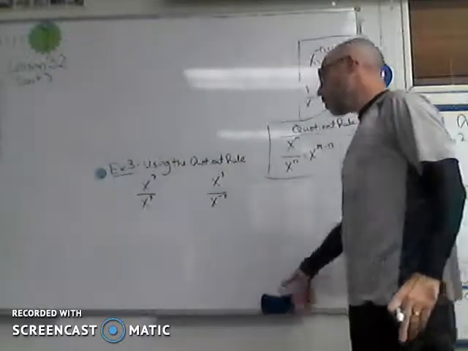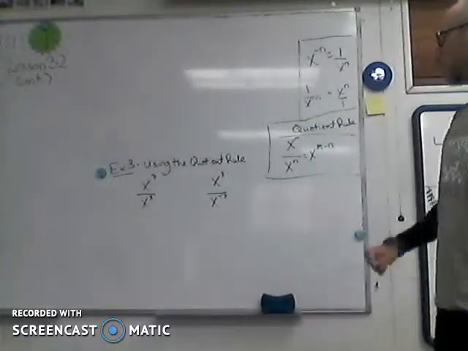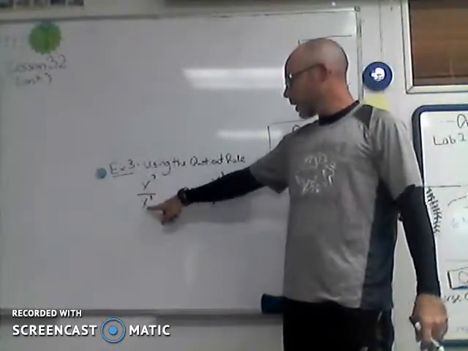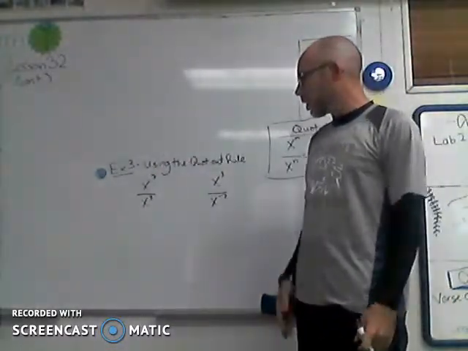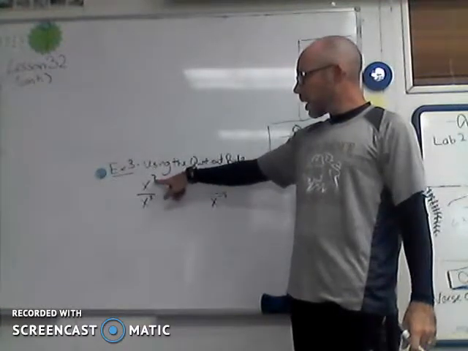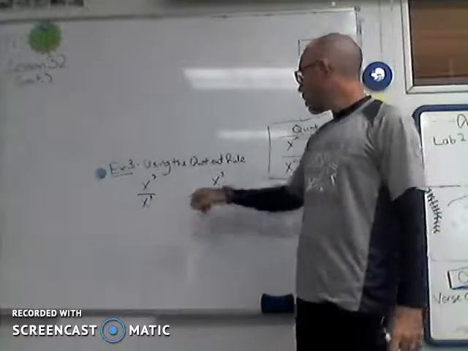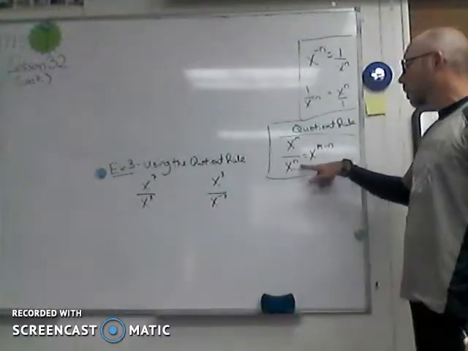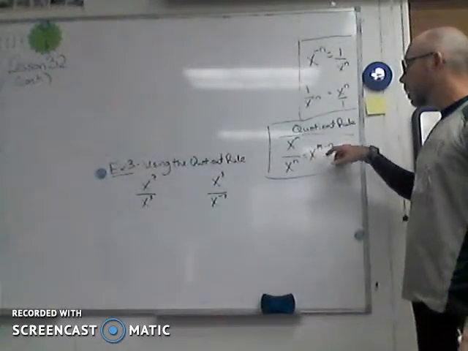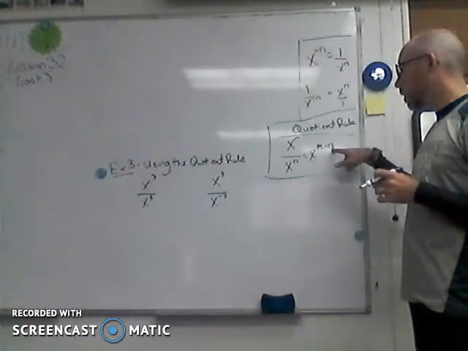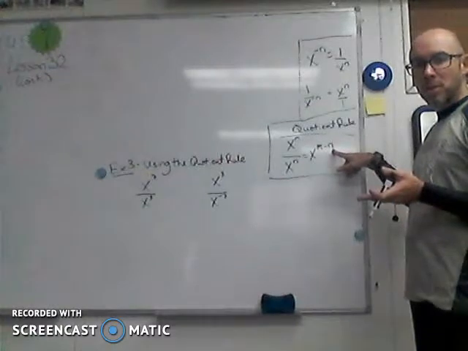Using the quotient rule. The quotient rule says if you've got the same base, x or a or b or whatever, and you've got one thing with a power in the numerator and another thing with a power in the denominator, you can bring that bottom one up and change its sign, and then use the product rule by just adding or subtracting their powers.